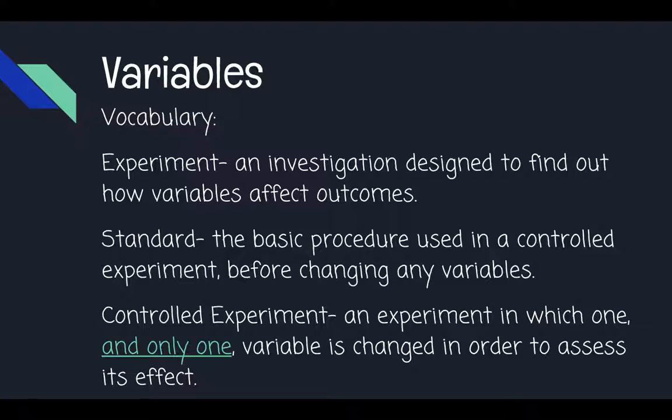And the final vocabulary term is controlled experiment, an experiment in which one and only one variable is changed in order to assess its effect. Like we talked about yesterday, we did not change the number of pennies and where we were dropping the swinger from at the same time, because then we don't know what caused the change.